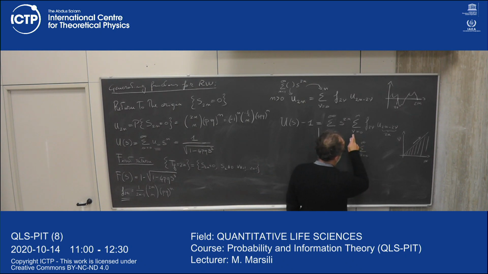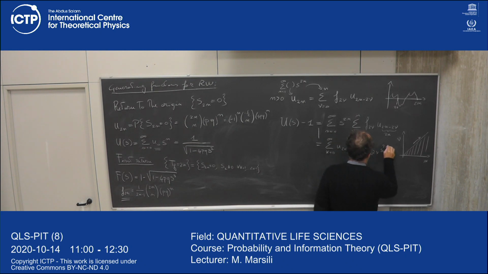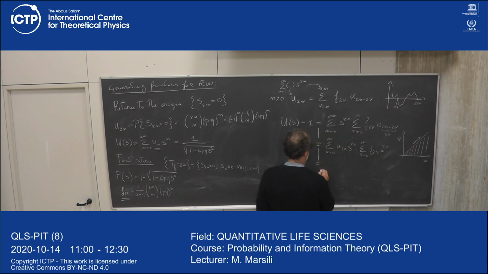The sum over nu goes from 0 to infinity, and so this is f2nu times s to the 2nu. So this is equal to u of s times f of s.